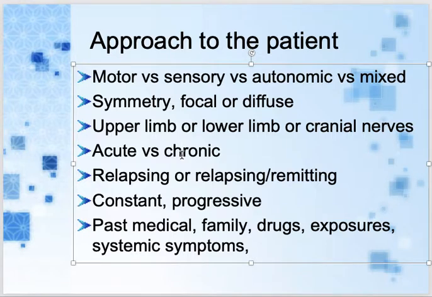For example, we will study one condition called Guillain-Barré syndrome, GBS. Guillain-Barré syndrome is an inflammatory condition which evolves rapidly. Some toxic conditions can also evolve rapidly.